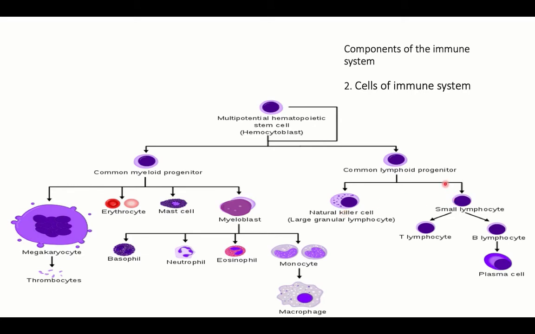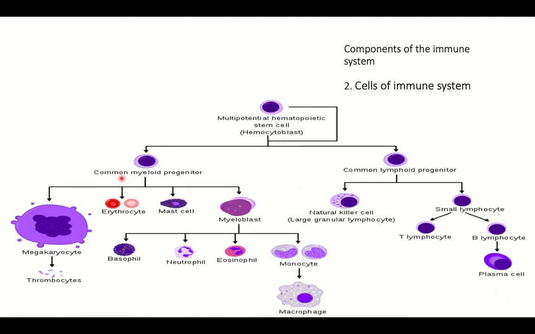And the second is the lymphocyte. Okay, so common lymphoid progenitor gives us natural killer cells and lymphocytes. And lymphocytes will be differentiated later on to T lymphocytes and B lymphocytes that differentiate into plasma cells producing antibodies.